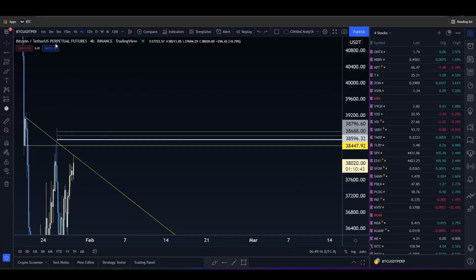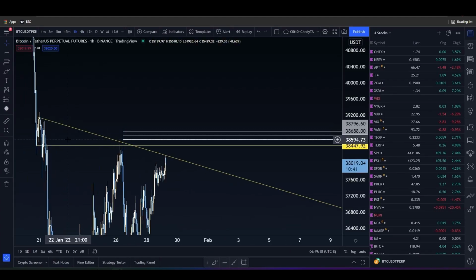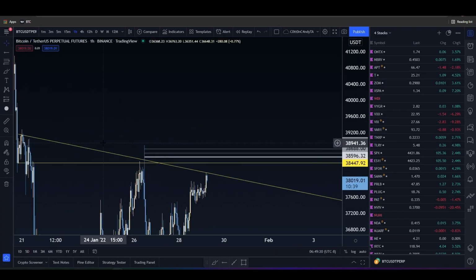The 1-hour origin, I haven't even checked origins. It's possible. Right here? No, it's not an origin yet. It has to test again. It's just a tested level right now.